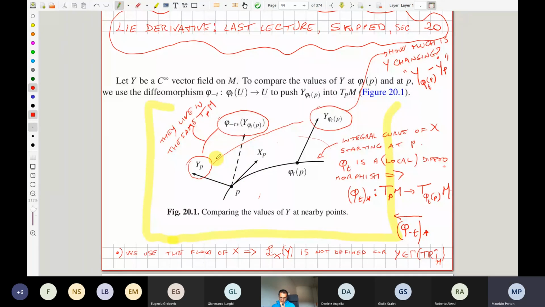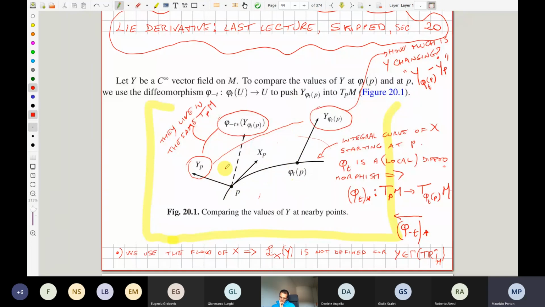Okay? In some sense, we need a way to connect what? Not the tangent space here to the tangent space here, but something that we can call the normal space here to the normal space here.